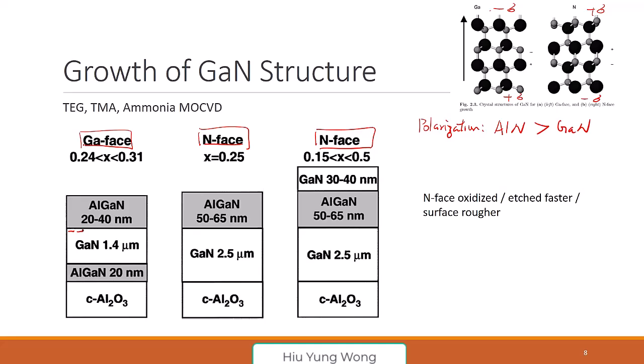Right. But how about the bottom of the aluminum gallium nitride here? It will be positive because of the gallium phase. But remember, I just told you that if you're aluminum nitride, you have more polarization charge. So at this interface, I have this plus charge. So when I have plus plus and minus minus, what is the net charge here?